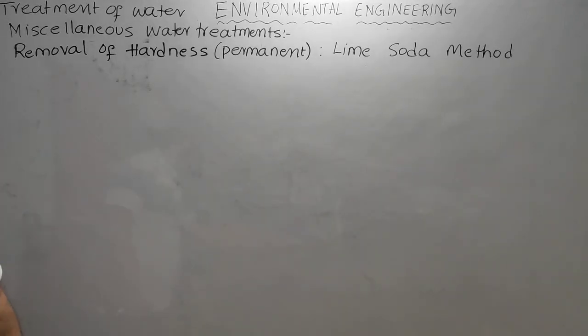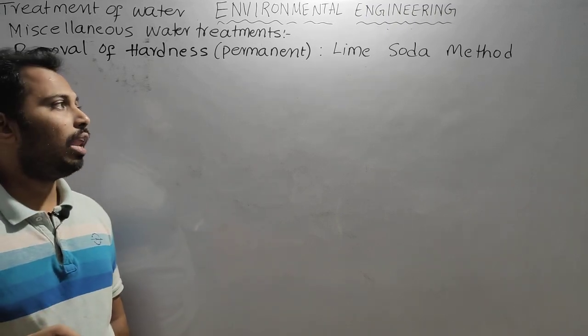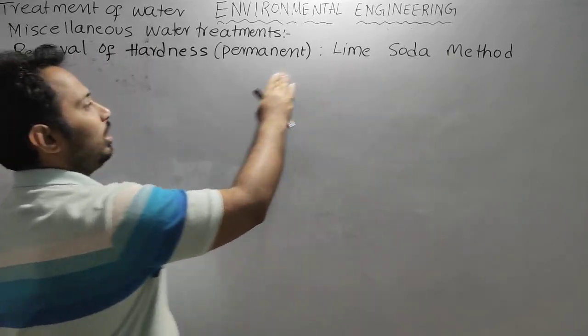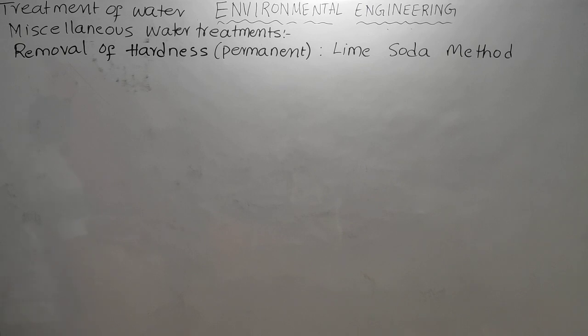Now, when coagulation and the lime soda process are combined, as I told you in the previous session, the dosage of lime and alum can be reduced, because lime also acts like alum.